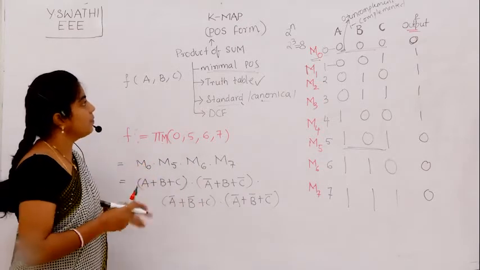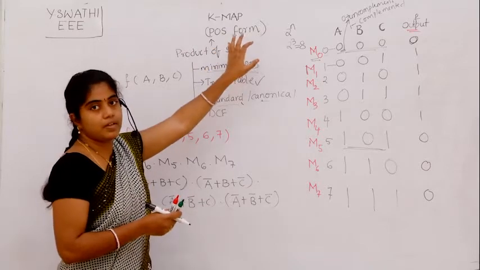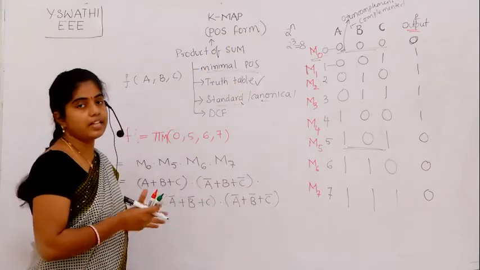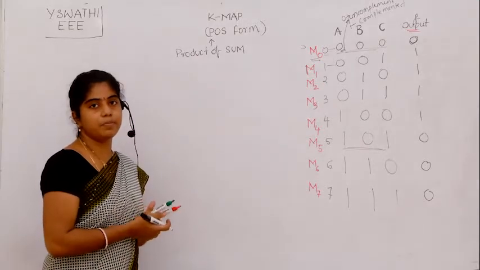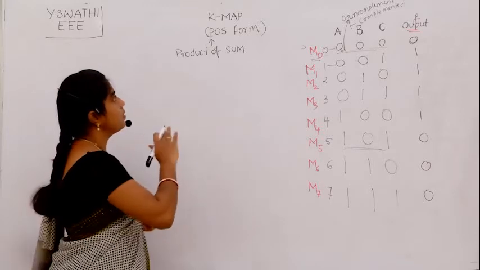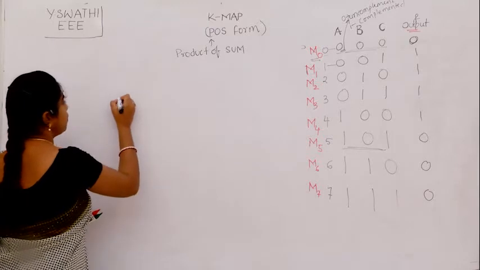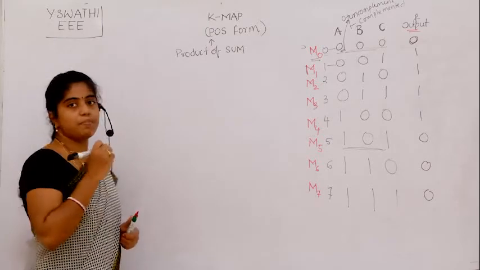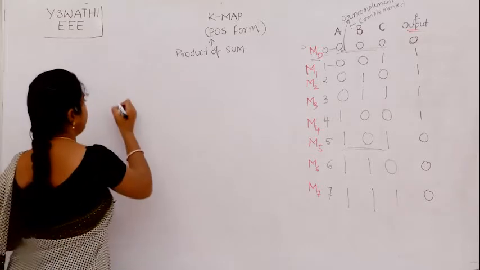We will see how we represent a POS form in a K-map, and then we will go to the examples. As we discussed in the SOP form 3-variable K-map, we also represent this POS form of a Boolean expression in a 3-variable K-map. We will first represent each max term, and how we can represent it in each cell.